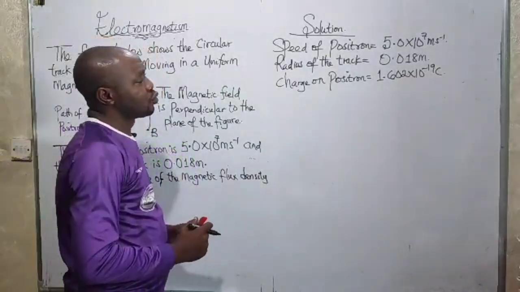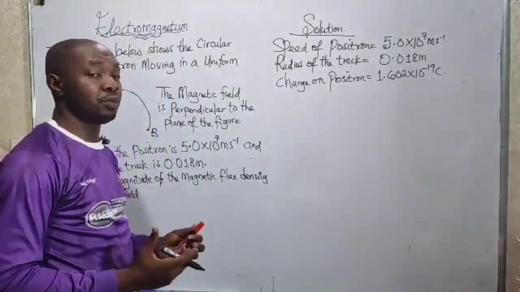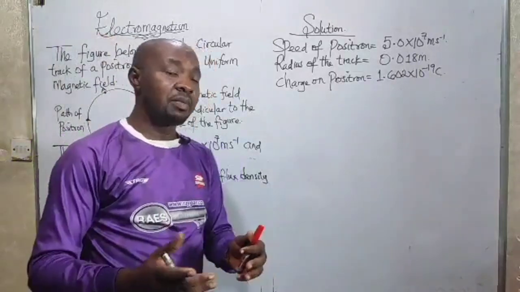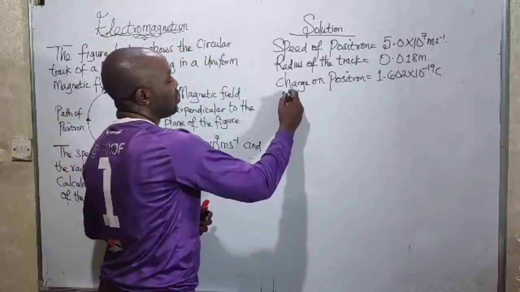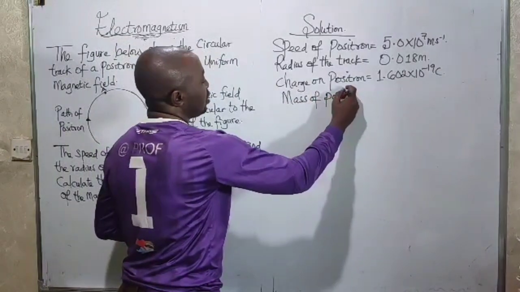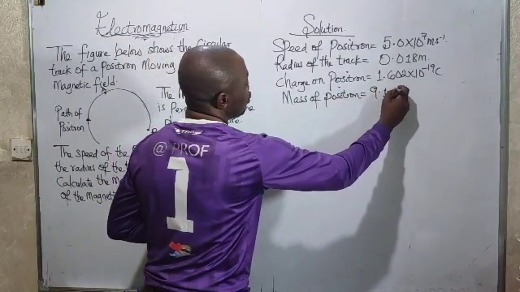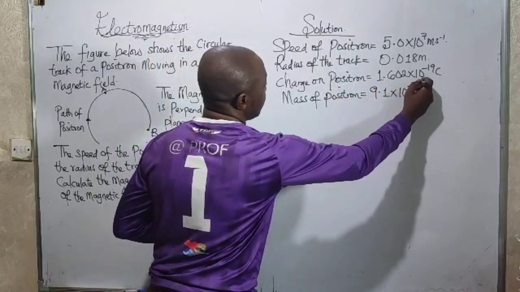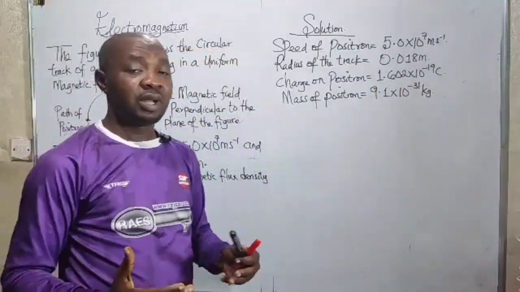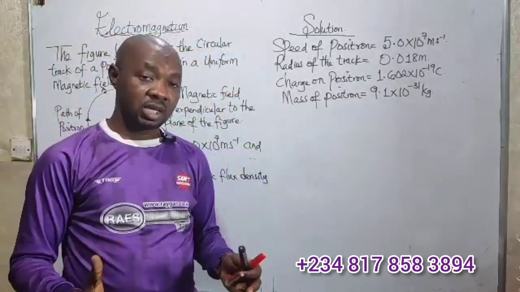Also, we need the mass of the positron, which is the same as the mass of an electron, 9.1 times 10 raised to the power of minus 31 kilogram.